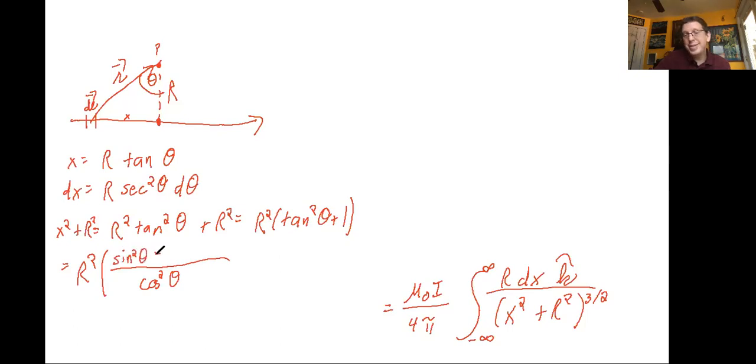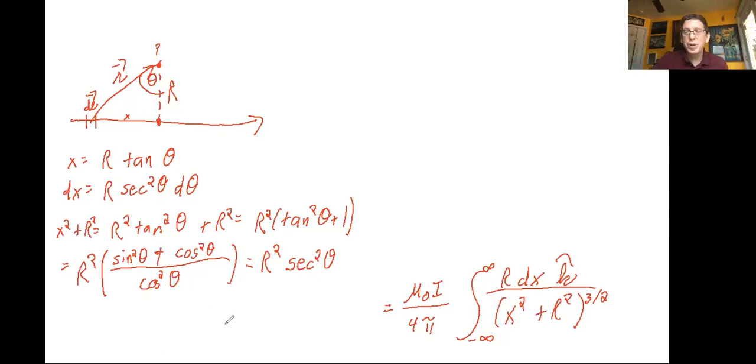And then 1 is simply cosine squared theta over cosine squared theta. But notice how this looks. Sine squared theta plus cosine squared theta equals 1. So this becomes 1 over the cosine squared theta, and the inverse of the cosine is the secant. So you can write this as capital R squared secant squared theta.